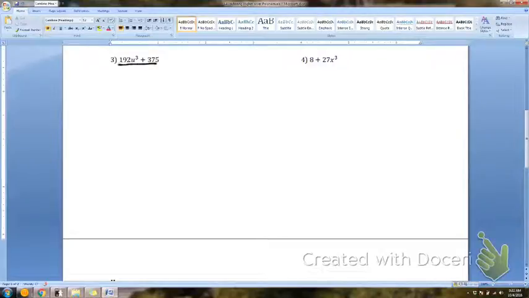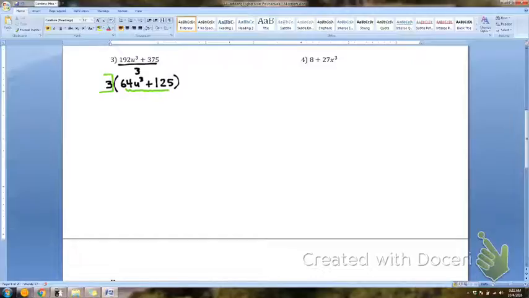So I'm going to divide by 3 first. All I'm doing is pulling out the GCF. I'm not factoring, I'm not using my formula. So 64u cubed plus 125. I'm going to hold off that 3 till the end, and then this is what I'm going to use for my cube formula.